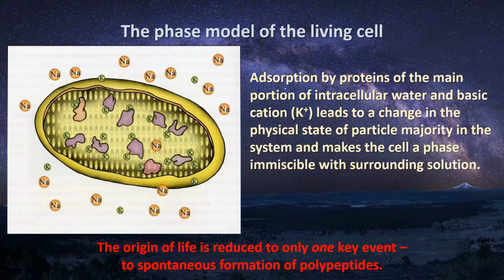Since bound water is a poor solvent, a subject to be discussed later, all solutes, if they are not adsorbed by proteins, will be excluded out of this compartment, or protocell, including sodium. Thus, we see that with the bulk phase approach, there is no need for a complicated structure called the plasma membrane to separate the internal environment of the protocell from the outside medium.